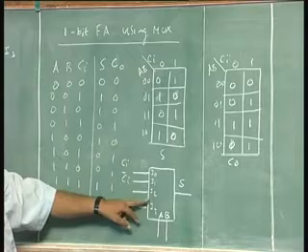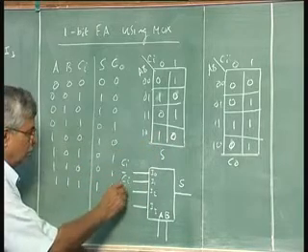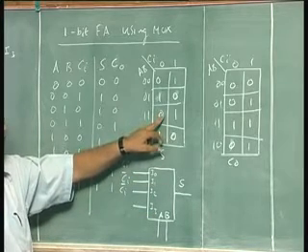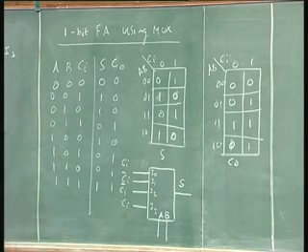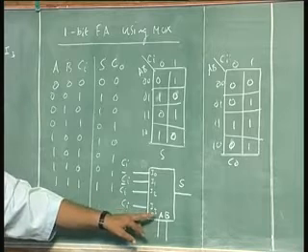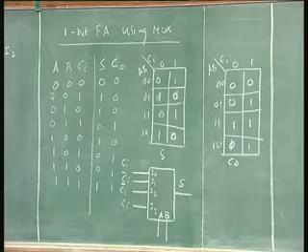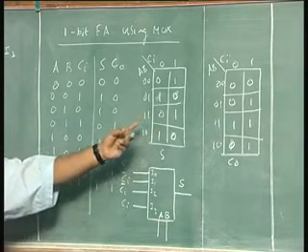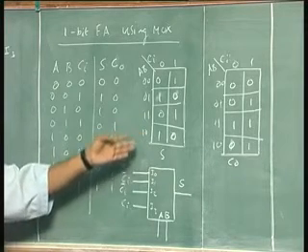Likewise, for 1, 0, Ci bar, and when AB is 1, 1, sum is 0 if Ci is 0, sum is 1 if Ci is 1, so I need to connect Ci. Correct? So with a simple 4-to-1 mux and only one gate for inverting Ci, I can get my sum. Whereas if I had used this, I would have used two-input exclusive OR gates. Correct? That is the efficiency about this.